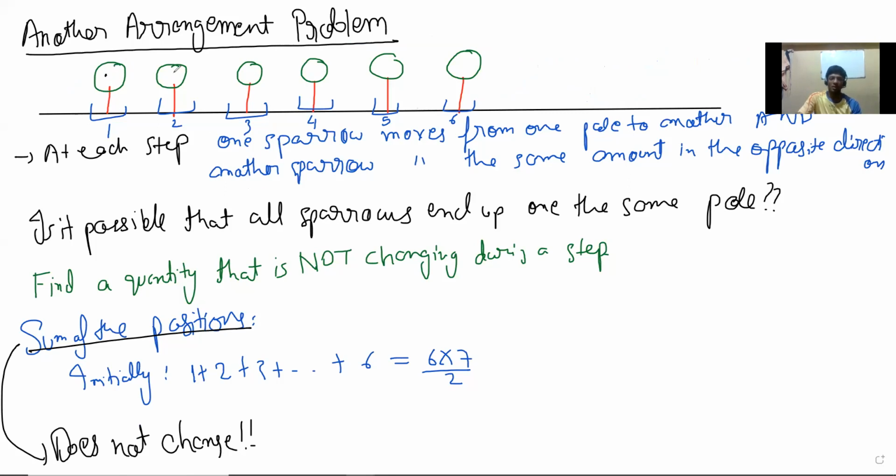So initially we had one sparrow each. So why will this quantity not change? You must understand what the quantity is, what it is doing. And now, why will this not change?